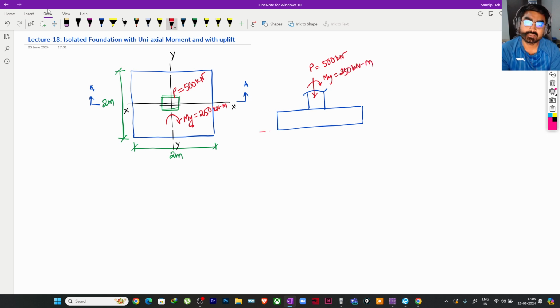Now if this is my soil, not only this P is acting, also the self weight of the foundation is also acting, correct?